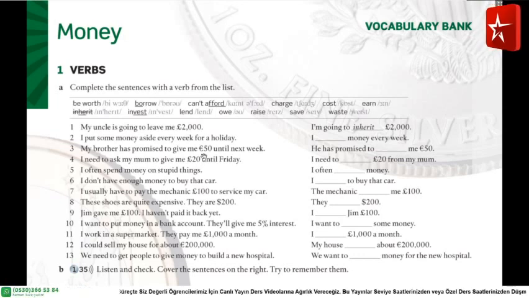Okay. It's a kind of salary, like you get it monthly. Number 12. I could sell my house for about 200,000 euros. So my house, Laura says we use invest. Yeah, it's true.